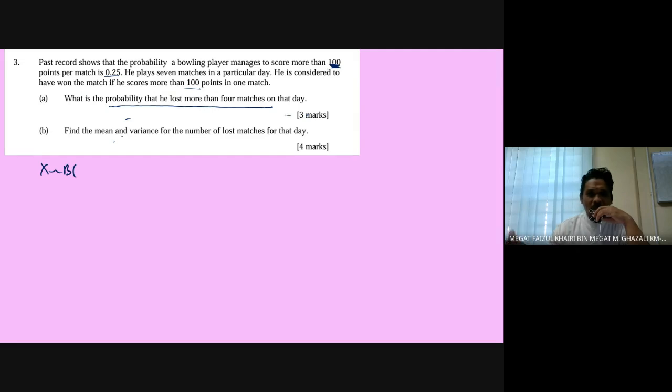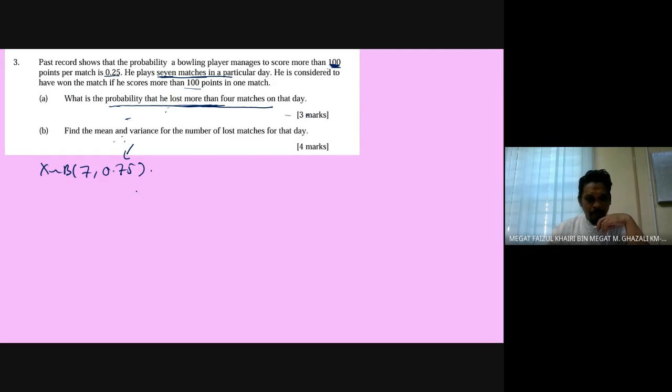Lost the match means that, okay, he plays 7 matches in a particular day. So the number of trials is 7, and we take 0.75 as the probability. We consider the probability of success to be 0.75 because we are talking about him losing the game.